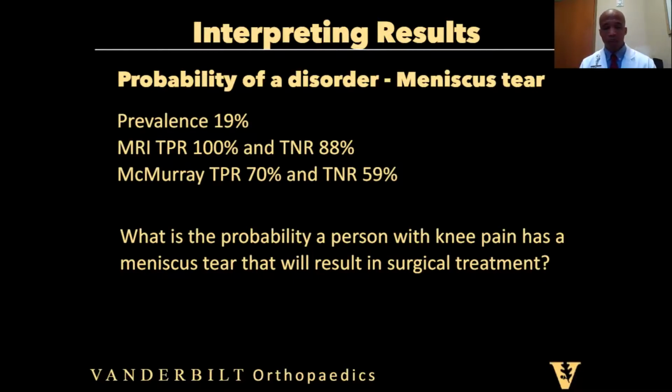So if we know the pre-test probability of 19%, then we know the odds, which is 19 over 81, for a total of 100%. 19 over 81 is a 23% odds, okay?